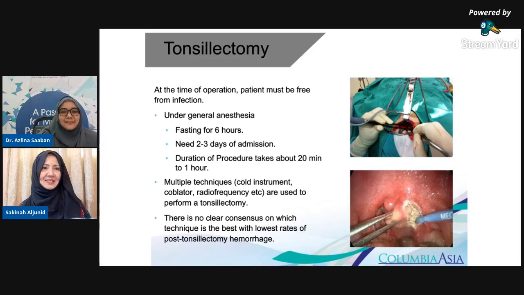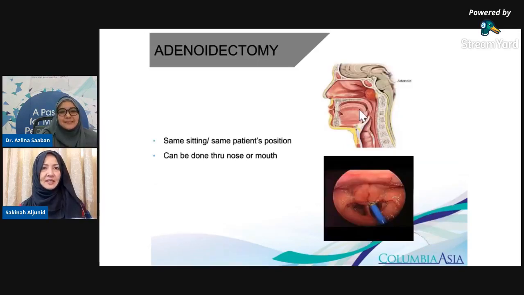Okay, all right, so let's take a look. Is there anything else that you would like to explain? Oh, what is this adenoid? Adenoidectomy is to remove the adenoid, which we commonly do together with the tonsil in children, because sometimes the tonsil is big and the adenoid is also big.